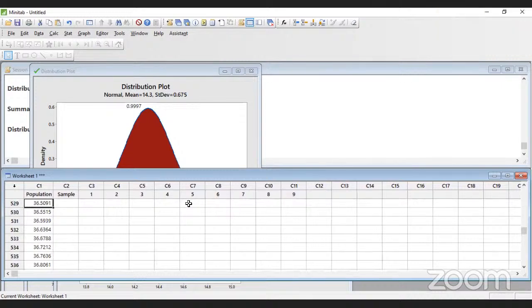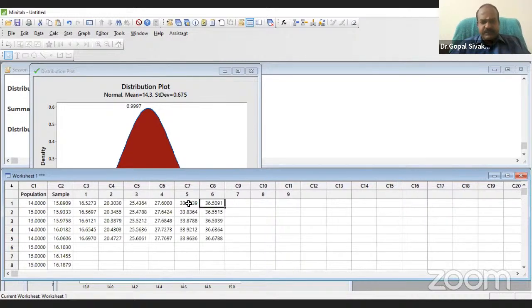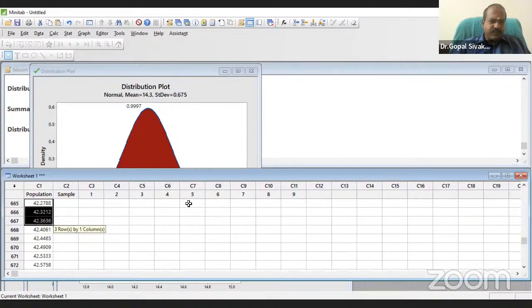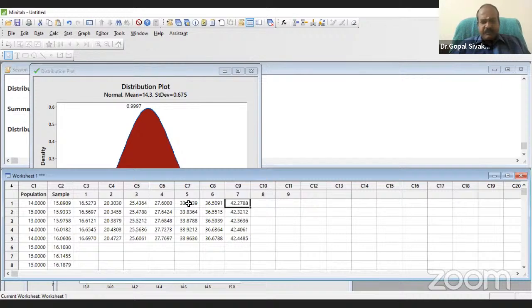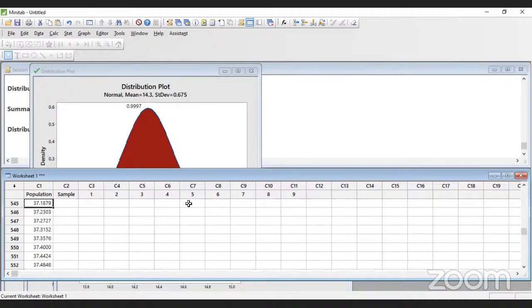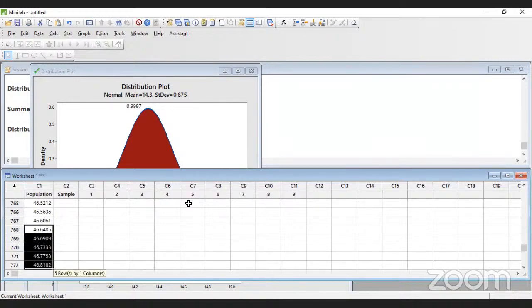Now you are going to learn the central limit theorem using this. Control C. Now section 7 means 600 to 700. Coming here, yes, 5 data points. Now section 8 means 700 to 800, right?